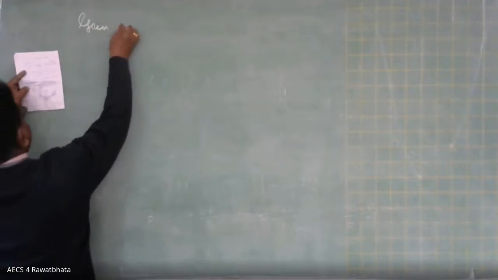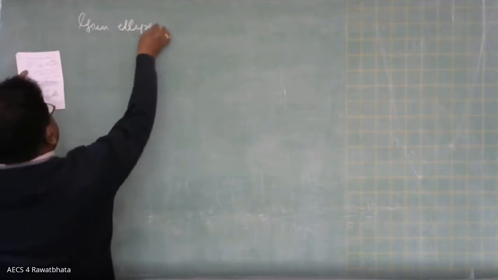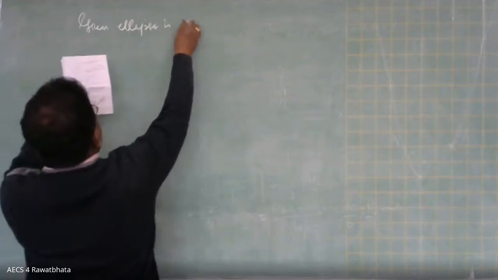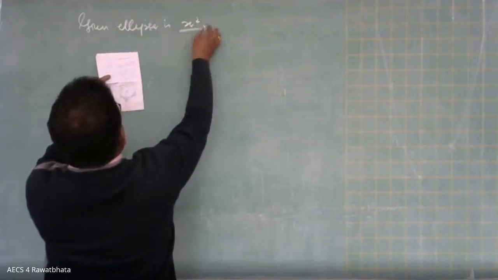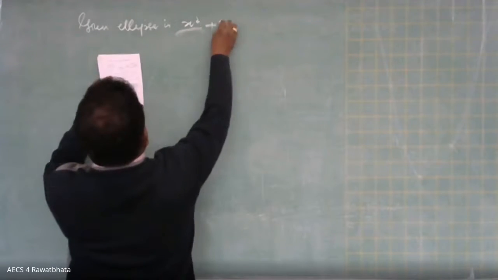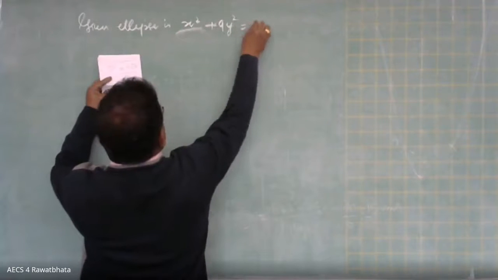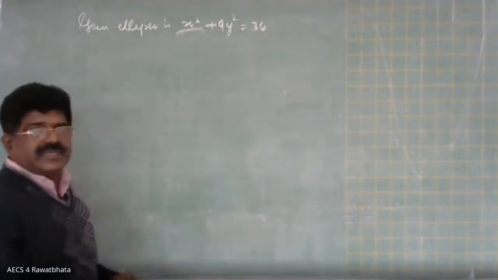So here the given ellipse is x squared plus 9y squared equal to 36.